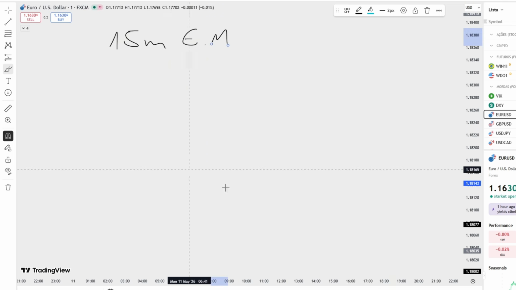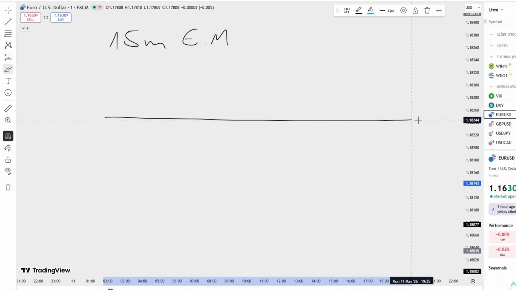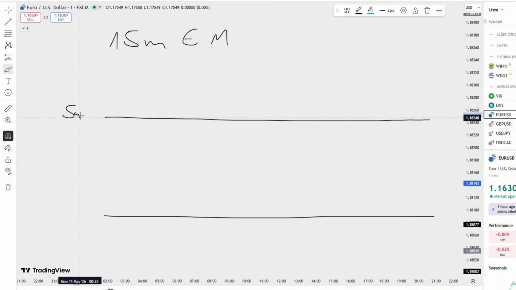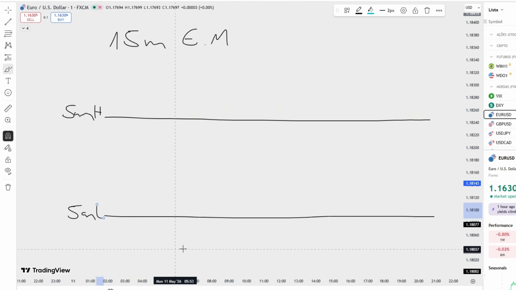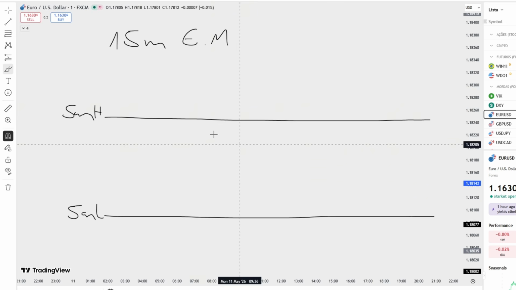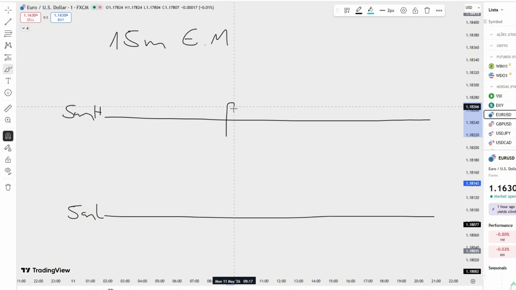It is basically when you purge, let's say this is the high and this is the low of the 5 a.m. You have the high and low right here. When it happens to purge right here, you're going to drop to the 15-minute time frame and look for a CRT happening right here.